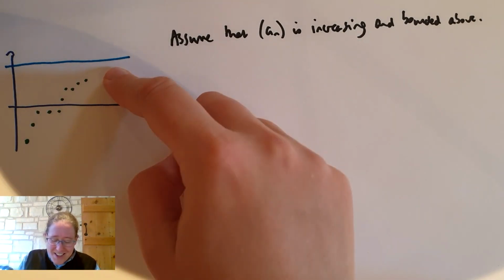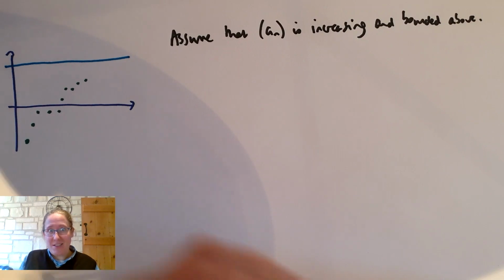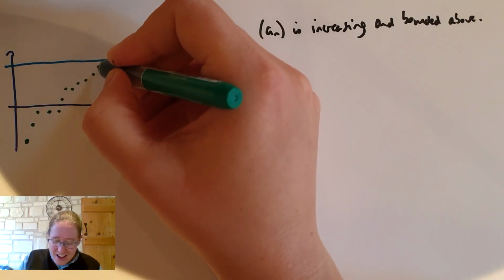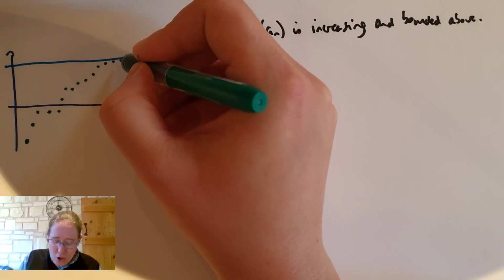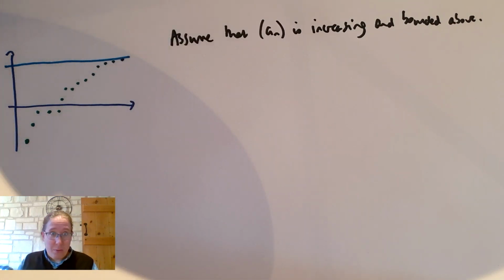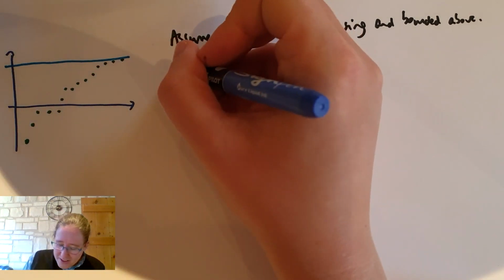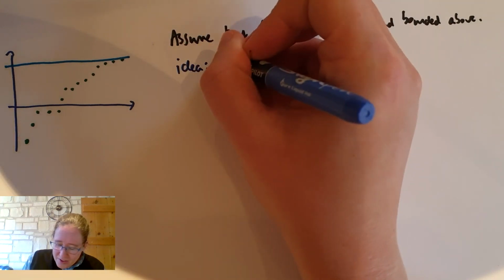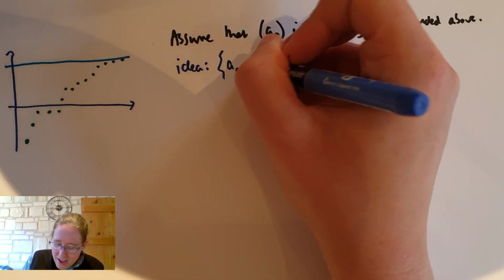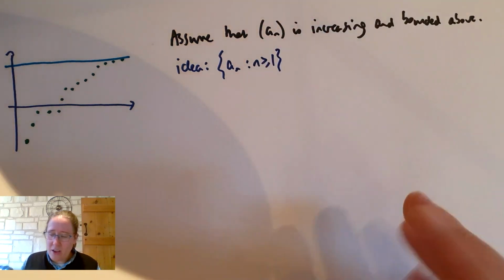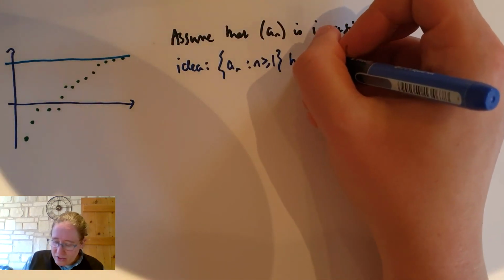So what might it tend to? Well, it might tend to the least upper bound. That seems like a more plausible conjecture, sort of homing in on this supremum, if it has a supremum, we'll come to that in a minute. So the idea, I will write unofficially here, is that the set {a_n : n ≥ 1}, so the set of terms of the sequence, has a supremum.